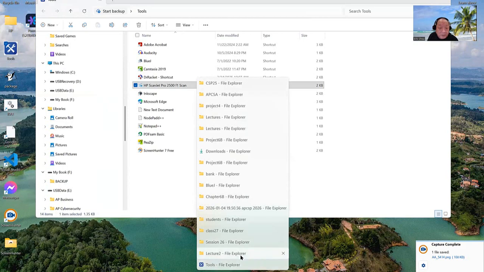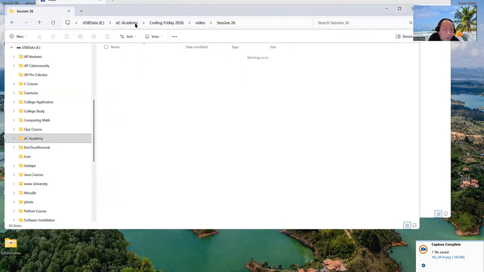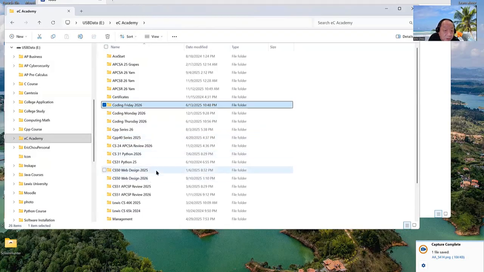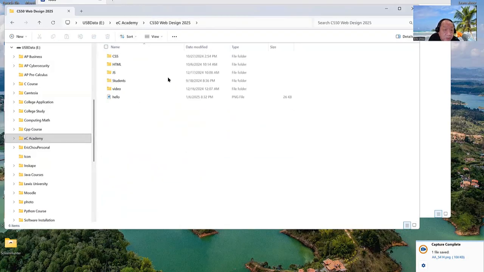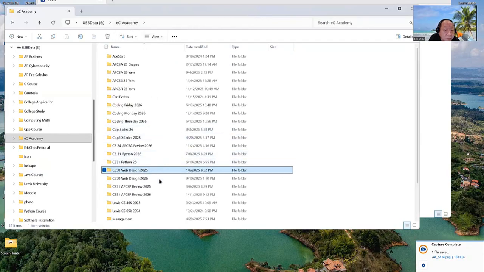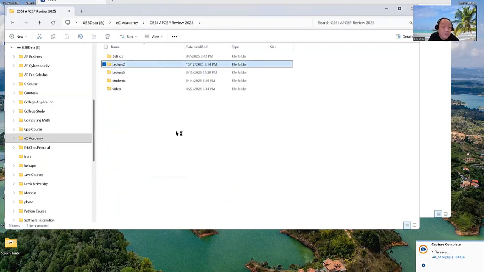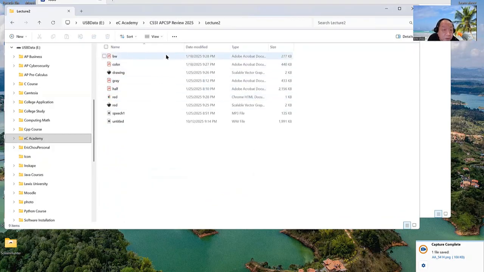Let me try to see if last year's data can be used, okay? I remember that last year I also did the same thing, so let me check if I do have last year's data. Okay, lecture 2. I do have lecture 2. So black and white, let me see black and white.